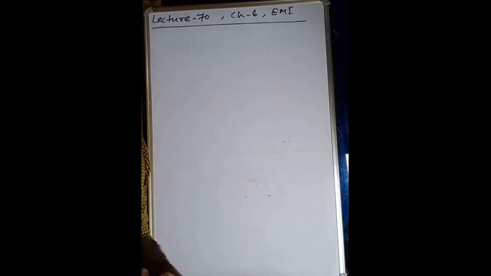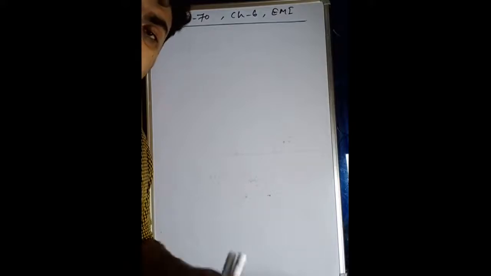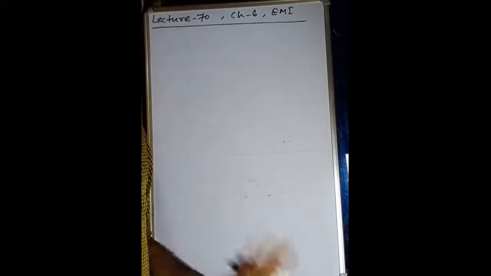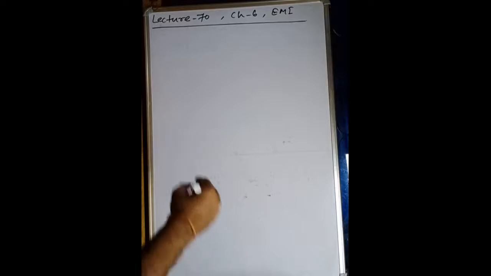Mutual means the dependence of any quantities of one coil on the change in quantities or the phenomenon in another coil. So you can write the definition of mutual induction, my dear student.